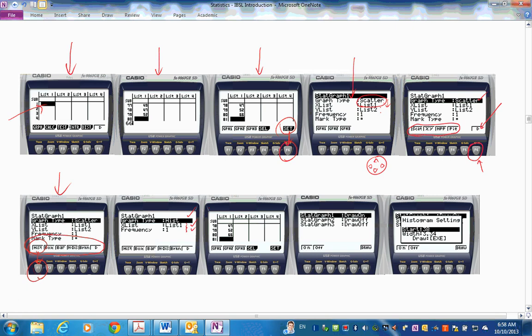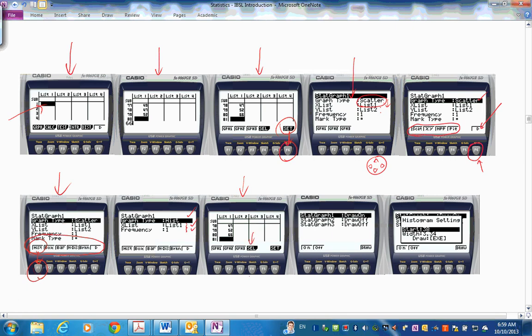We now have defined our graph, so if we hit execute and come back to this window, then we're going to select our graph now of what we want to plot.